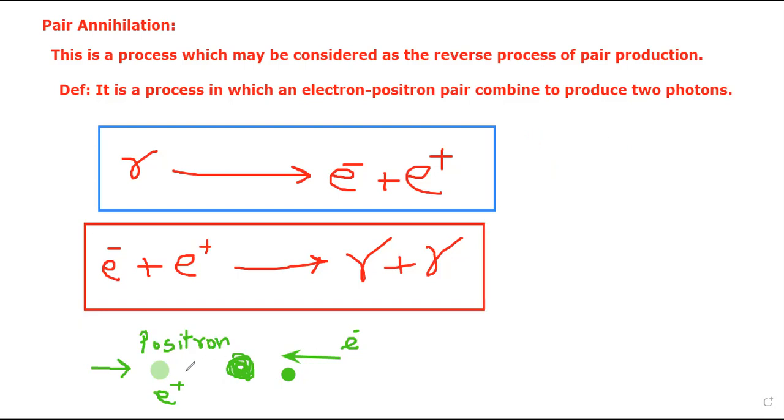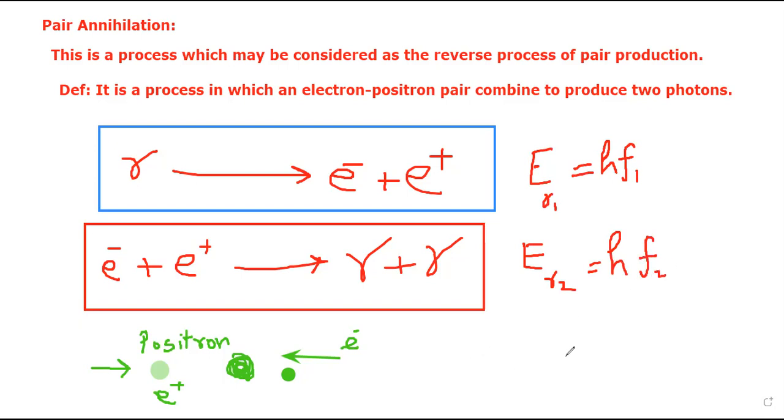So we have positron and electron which have combined with each other. When they do the process of annihilation, two photons are formed. Let us consider the energy of the first photon, gamma 1, to be hf1, while the energy of the second photon, gamma 2, is equal to hf2.